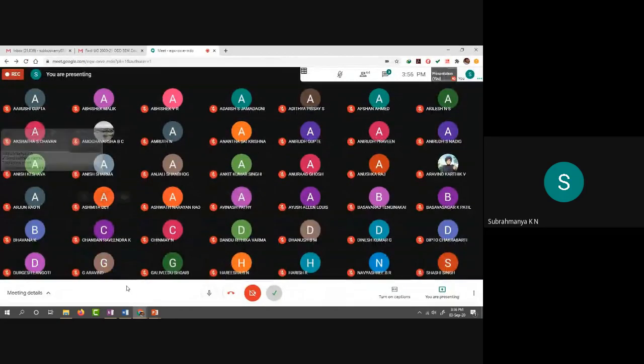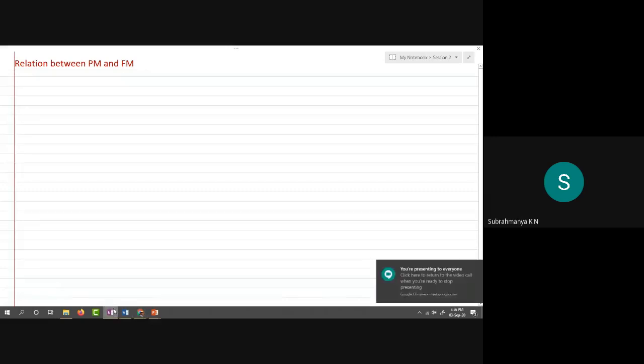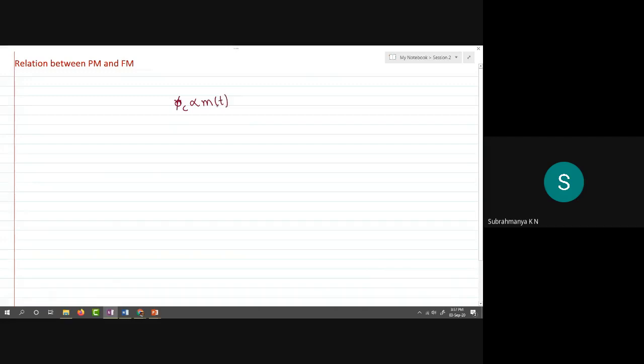So what exactly is a constant of proportionality, sir? Constant of proportionality is just a value. It could be an integer value or it could be anything. As I told, the phase of the carrier varies in proportion to m of t.